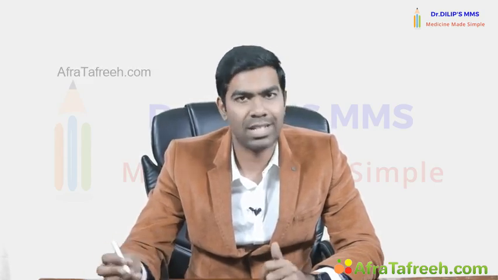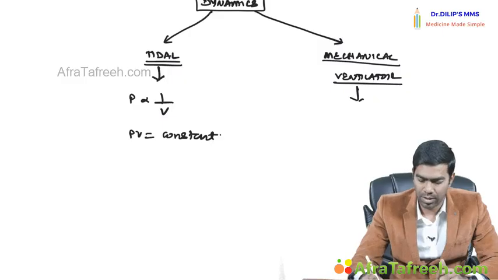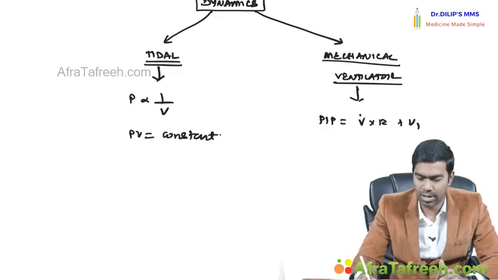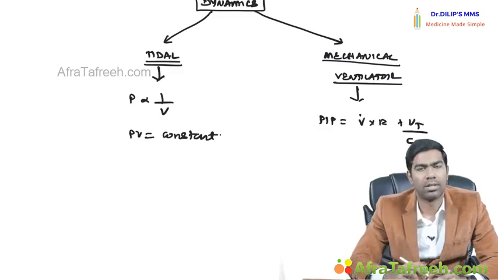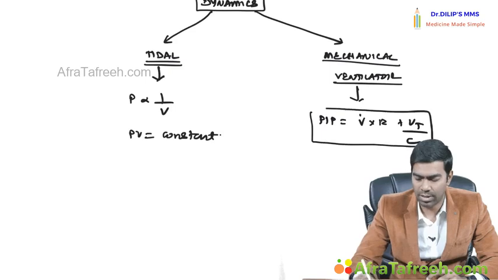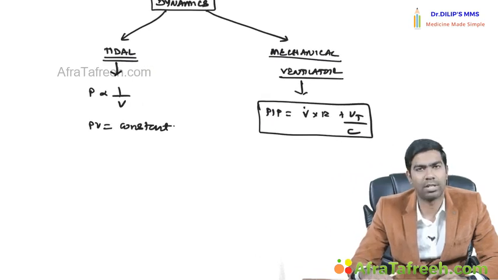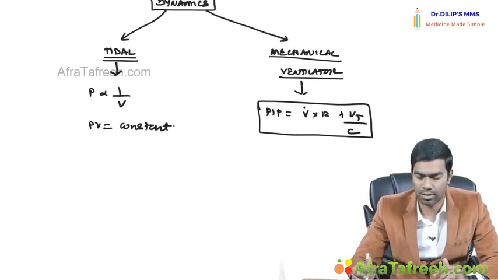So what is the ventilator going to tell? The ventilatory equations are something different. It's not going to be like Boyle's law. Typically, the ventilatory equation says the peak inspiratory pressure is equal to flow times resistance plus tidal volume by compliance. This is what we refer to as the standard ventilatory equation, and this will explain your entire ventilator aspects. Clear?